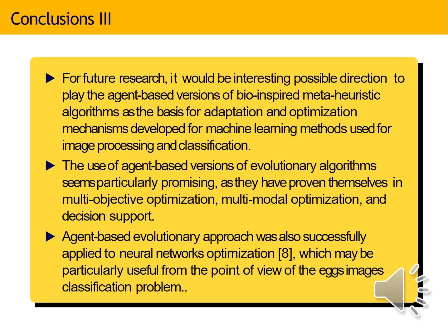The use of agent-based versions of evolutionary algorithms seems particularly promising as they have proven themselves in multi-objective optimization, multimodal optimization, and decision support. The agent-based evolutionary approach was also successfully applied to neural network optimization, which might be particularly useful from the point of view of the edge image classification problem.